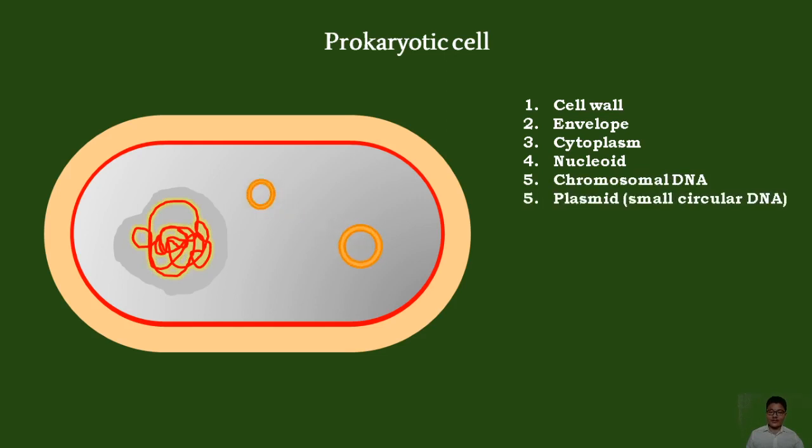We also have small circular DNA called plasmid, which also has information about antibiotic resistance and many other features, but most of the information in bacteria is in chromosomal DNA.